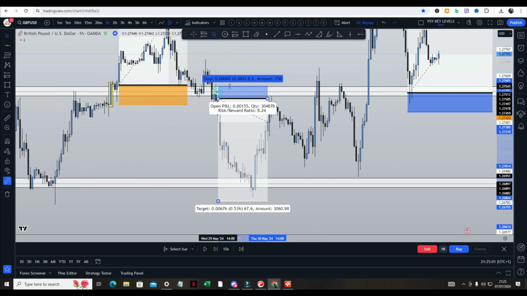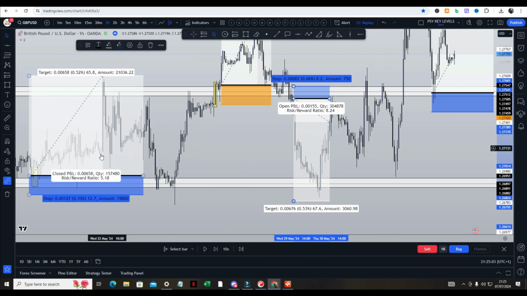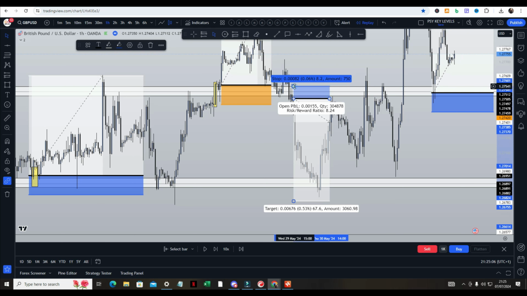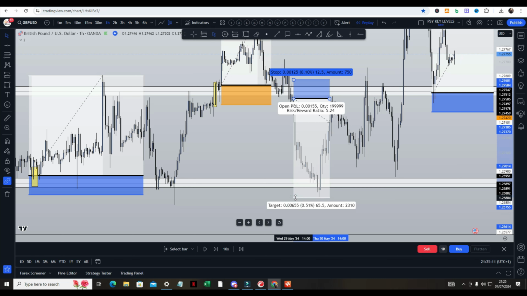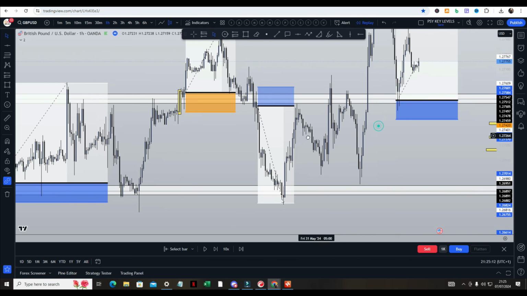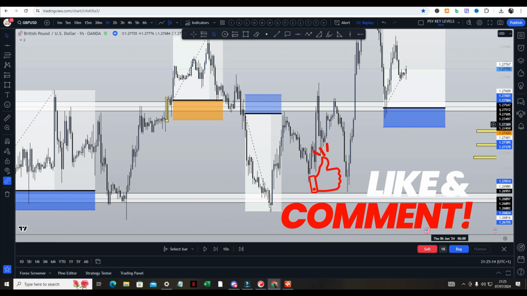Look at this. I have a fixed stop loss and a fixed TP. So what is it? 12 pips here, so this will also be 12 as well, if I move this further down. And why do I have my stop loss a fixed amount?